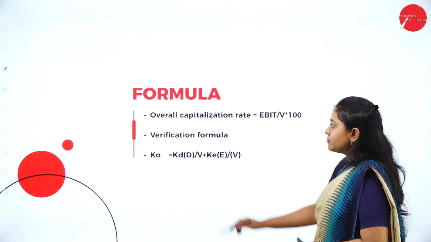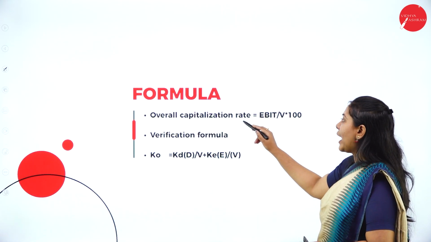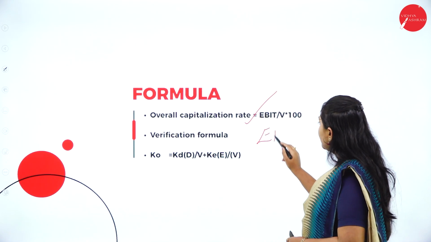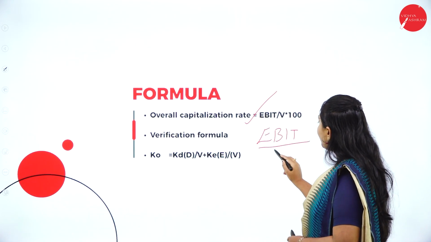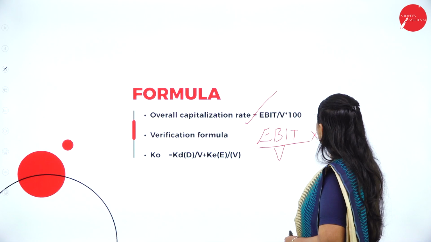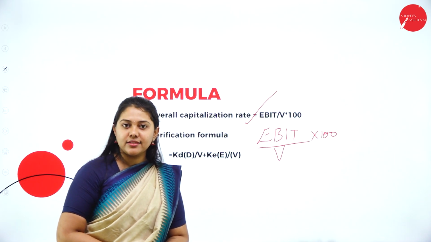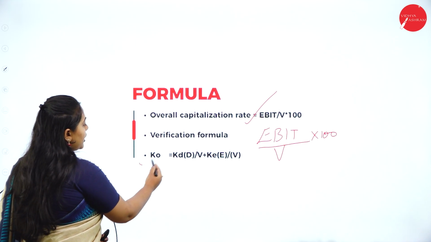Moving forward, the calculation of the overall capitalization rate. How do you calculate it? EBIT divided by value of firm into 100. This is the formula to calculate the overall capitalization rate, and this is the verification formula.